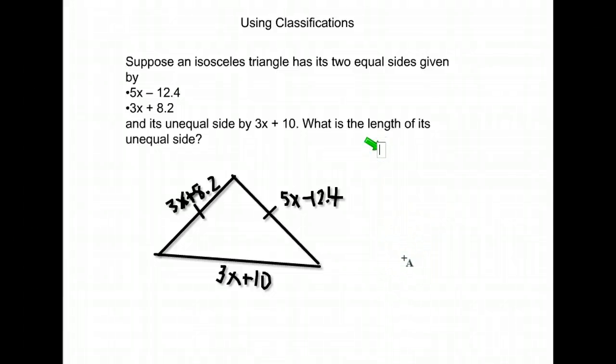Okay, what do we know about those two sides? Do they add to equal something? Are they equal to each other? What can we do here? Hopefully, in your mind, you were saying, well, we know they're equal.